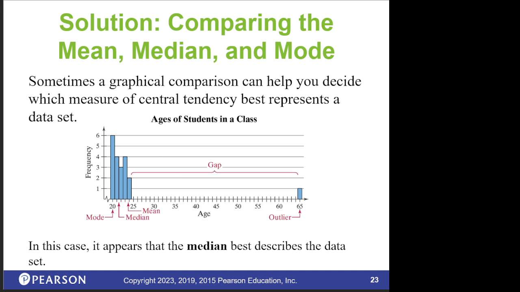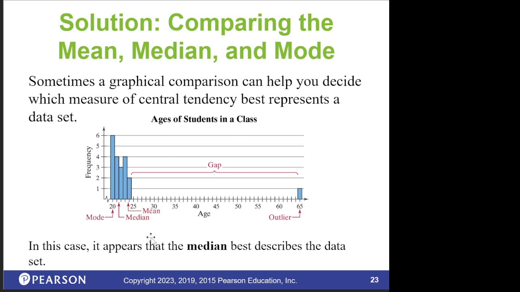And so if we graph this, this is what we get. We get the outlier here and this gap. Then we get the median, which is sitting really in the middle of this chunk of data. We get the mean, which is almost pulled out of the chunk of data, and we get the mode, which is to the left of it.